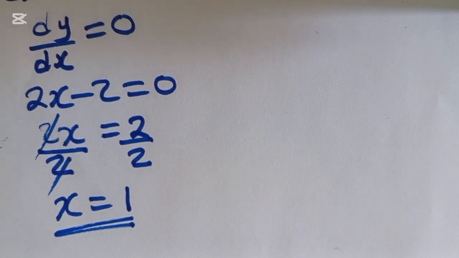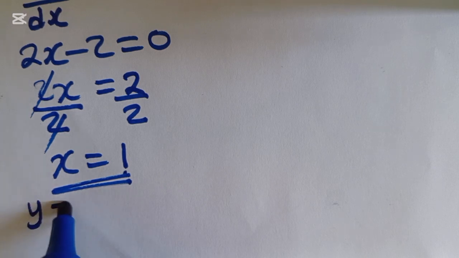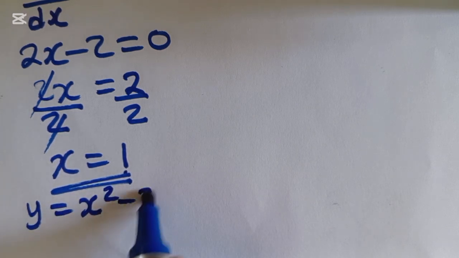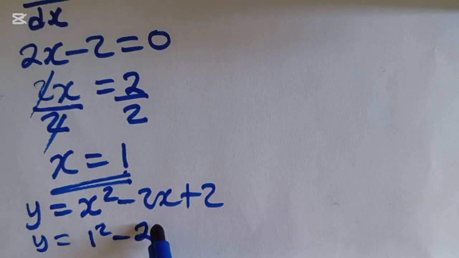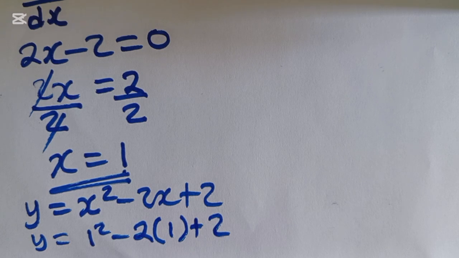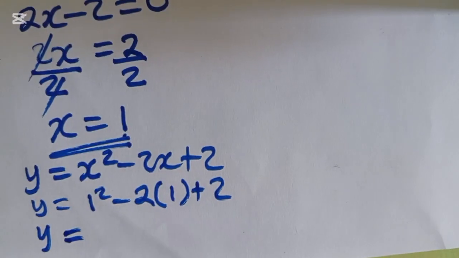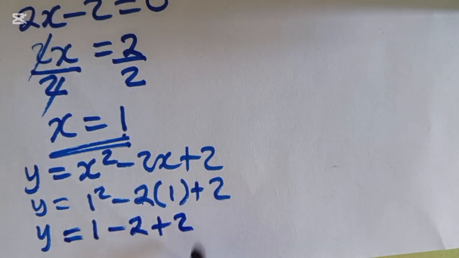Now the next step is to find the corresponding y coordinate by substituting this value of x into the equation. The equation is y is equal to x to the power 2 minus 2x plus 2. Where there is x, I substitute 1. So y is equal to 1 squared, that is 1, minus 2 times 1, that is 2, plus 2.